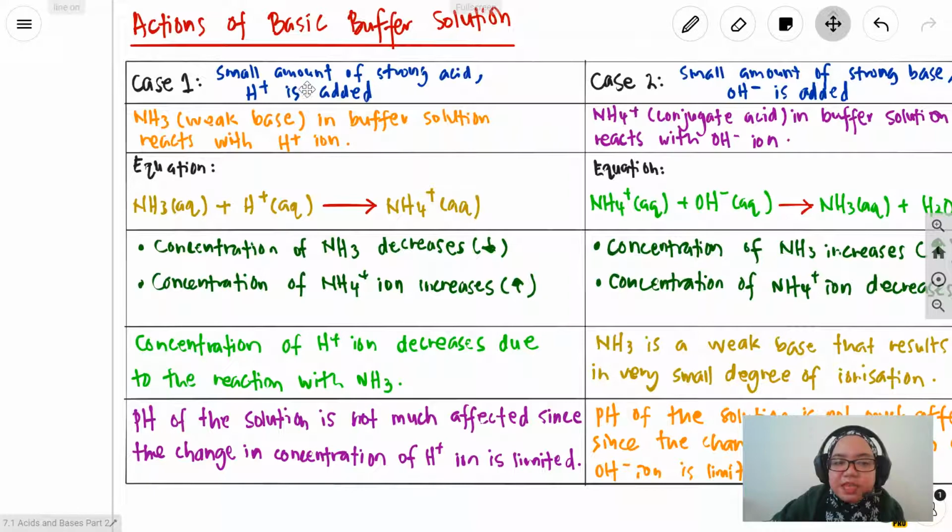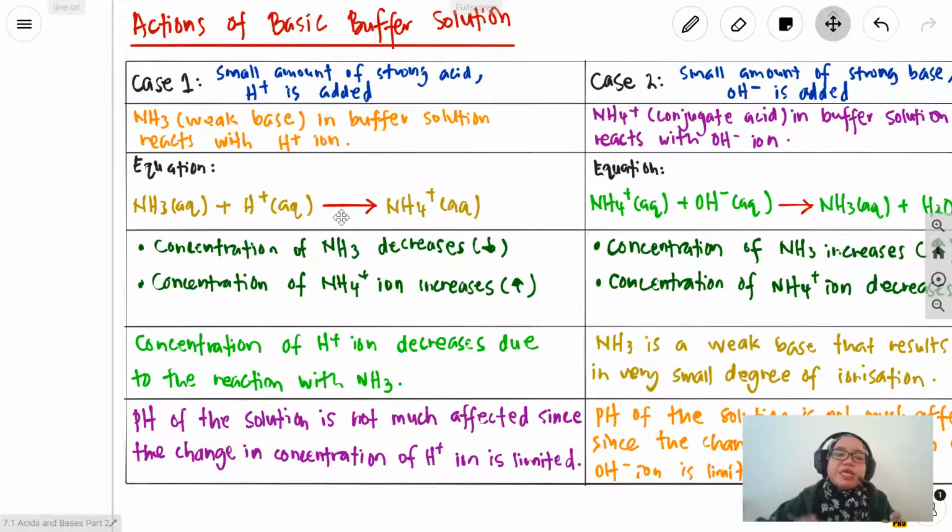So when you add H+, okay, so NH3 in the buffer solution will react with it. Okay, so it will have this equation. NH3 aqueous reacts with hydrogen ion to form NH4+ aqueous. So it will result in the concentration of NH3 decreasing because it is used to react with hydrogen ion, and the concentration of NH4+ ion increases.